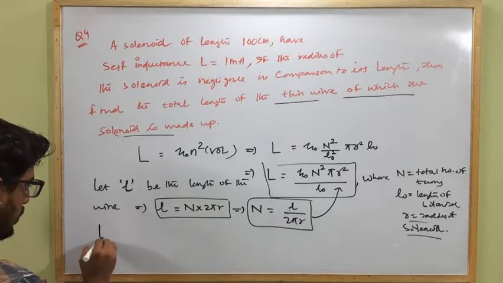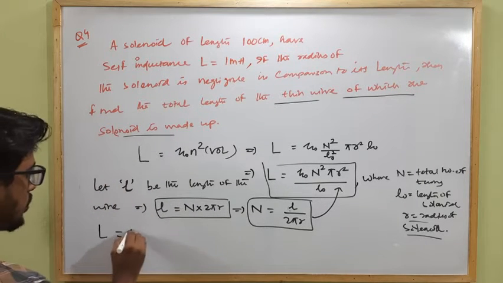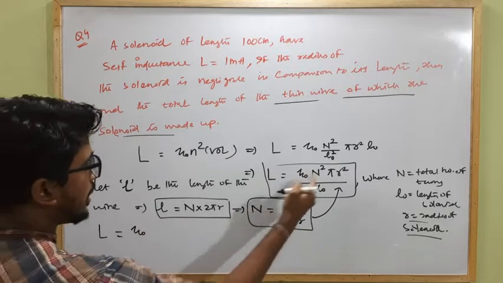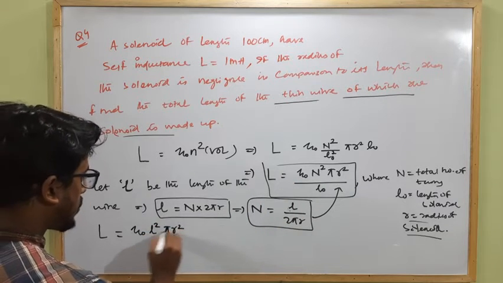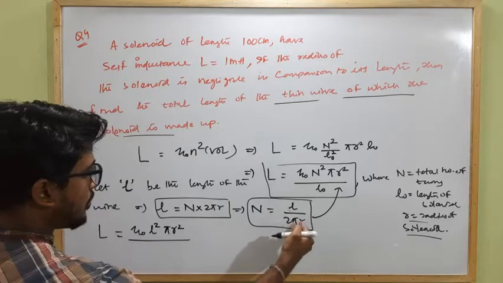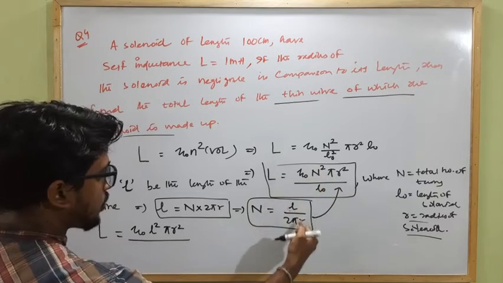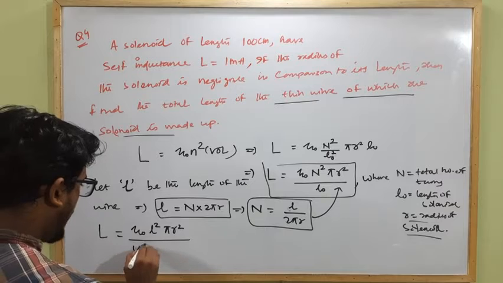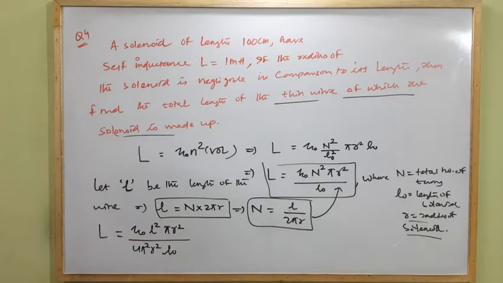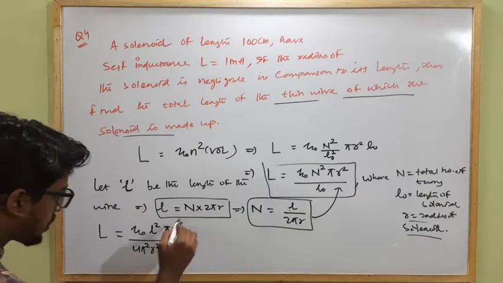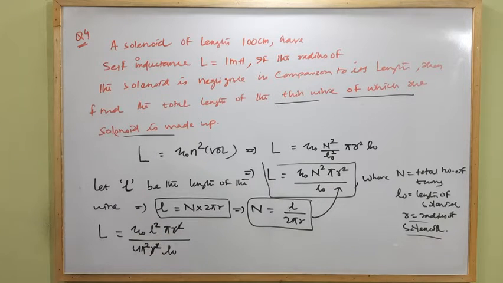The self inductance of the solenoid, L is equal to mu naught, in place of N I can write l square by 4 pi square r square, into pi r square, divided by L naught. Clear? So here r square will get cancelled, one pi will get cancelled.